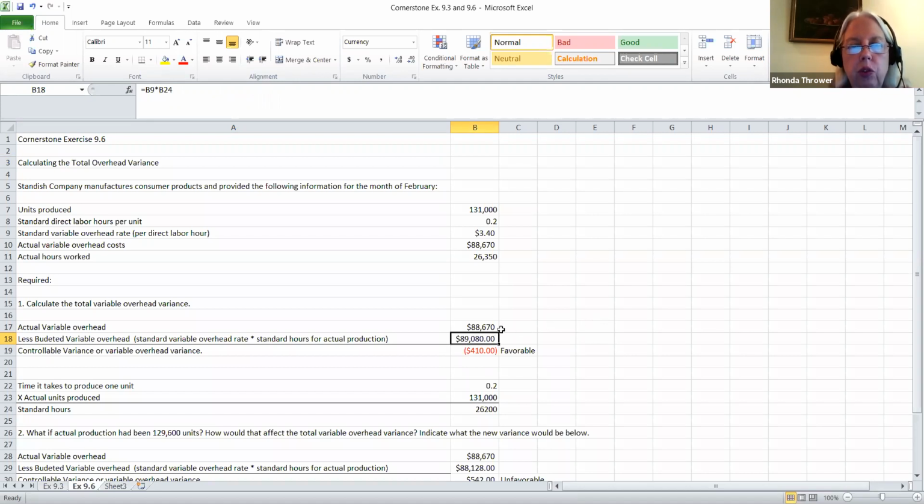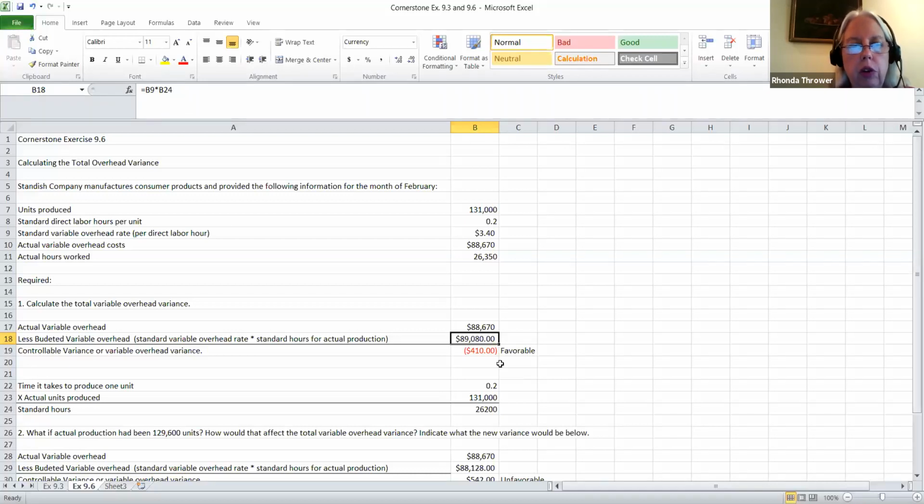Our actual was less than our budgeted amount, so we have a favorable variance for the difference between these two, which is $410.